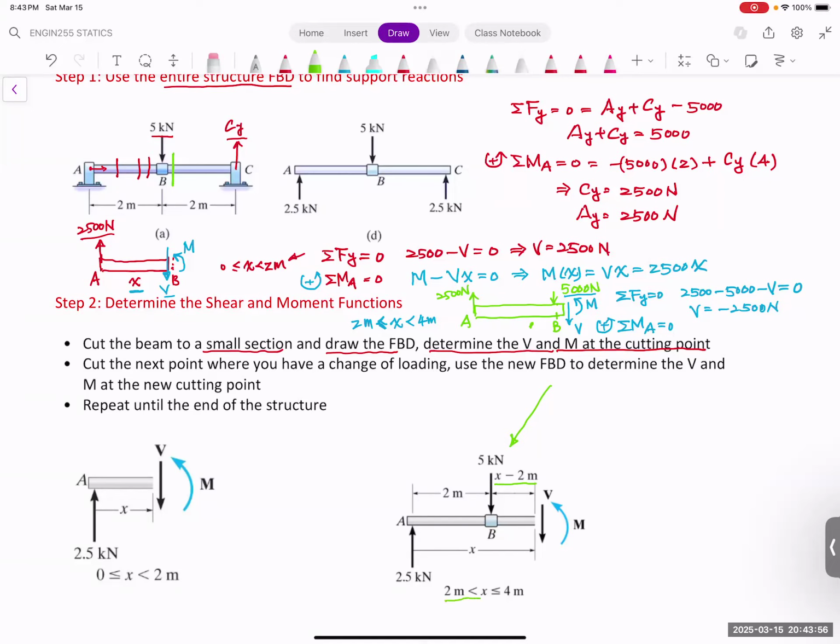And we're looking at this section here. So how do we calculate the moment? We have 5,000. If this is the positive direction, this one is going to make it go the negative direction. So negative 5,000 multiplied with 2 meter.